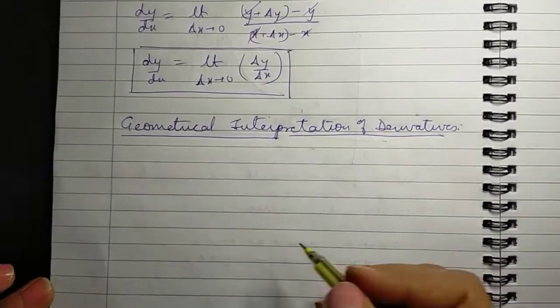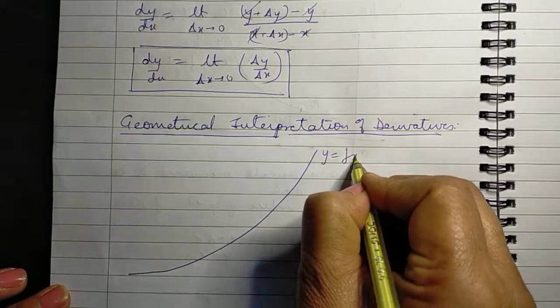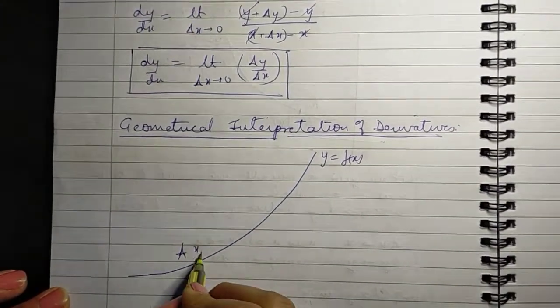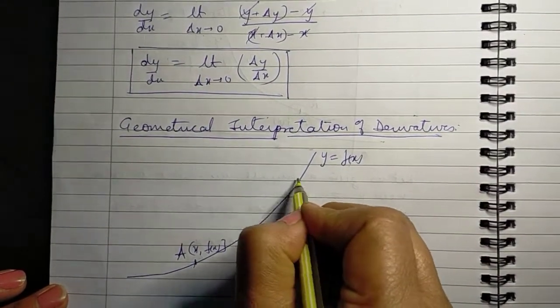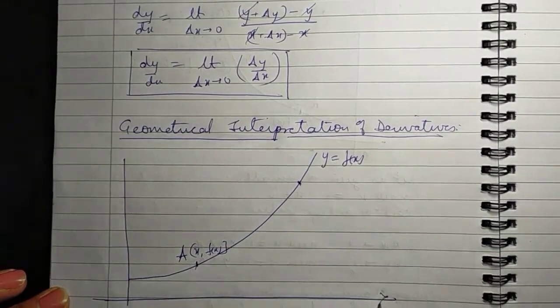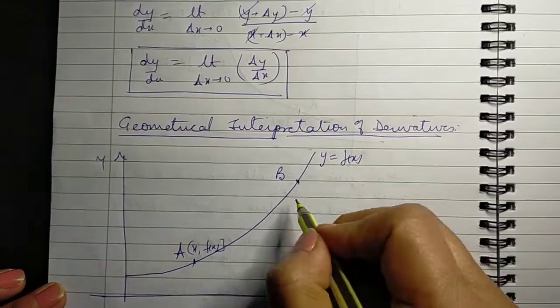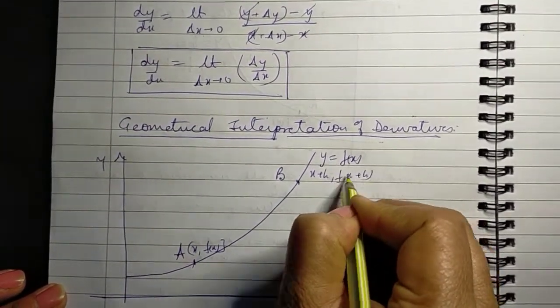Again we start the same way: consider a curve y equal to f(x). Take any point A having coordinates x and f(x), and give a small increment h to x, so that the new point becomes B, which is x plus h comma f of x plus h.